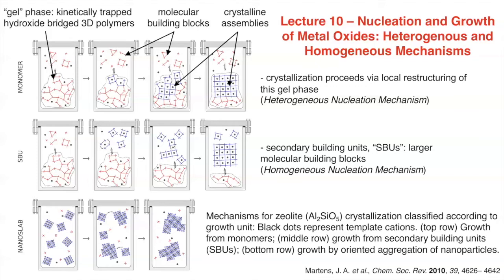Another very important thing illustrated here are these networks. So this gray blob encircles an amorphous polymeric gel that is commonly formed when making oxides. These gels are sort of arrested assemblies of the building blocks.